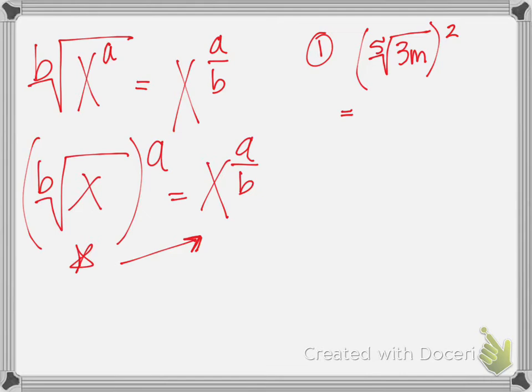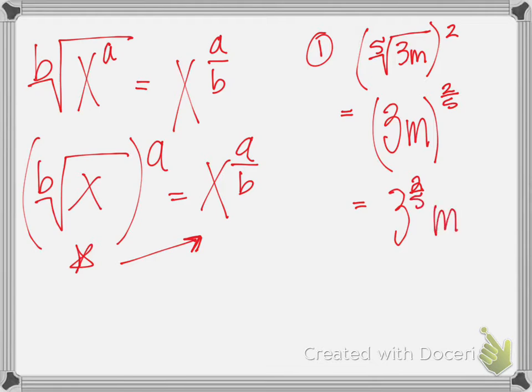So it will be 3m, and then all of that is over to the 2/5 power, okay? If I wanted to separate that, I could say 3 to the 2 over 5, and m to the 2 over 5.